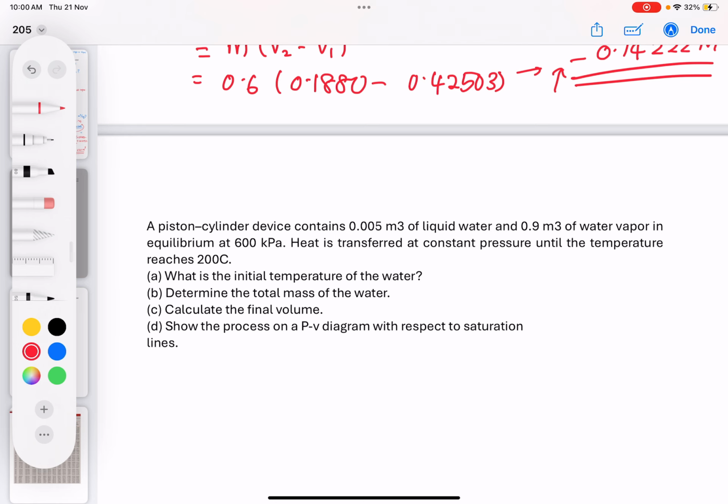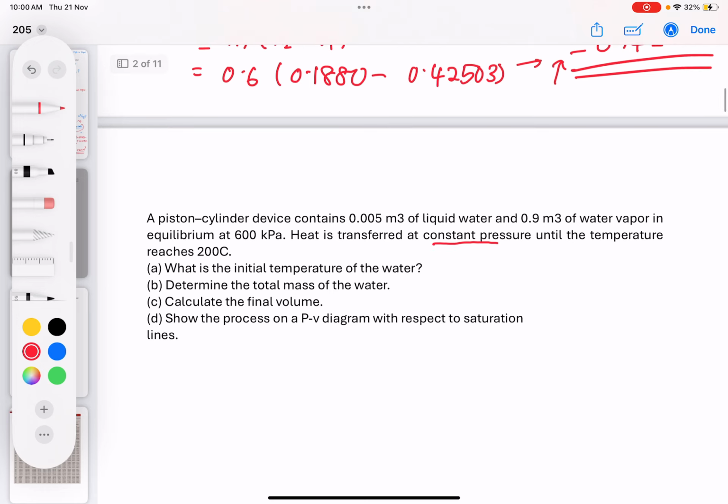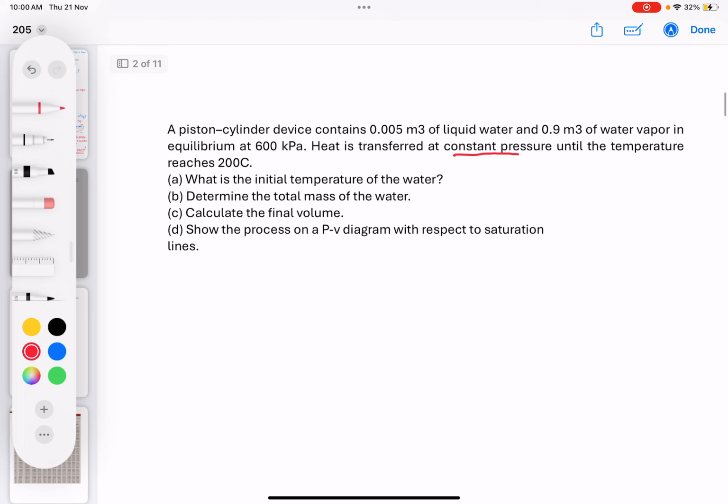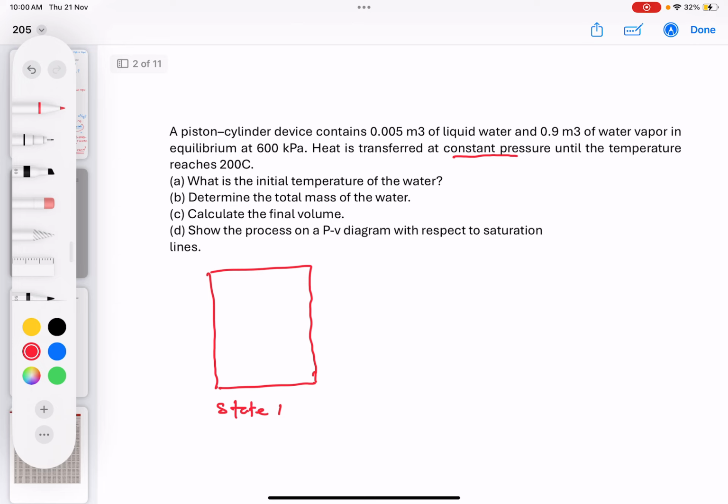So another keyword here is constant pressure process. Therefore, if I draw my diagram, it looks something like this. First, I'm going to have state 1, where my pressure P1 equals 600 kilopascal.